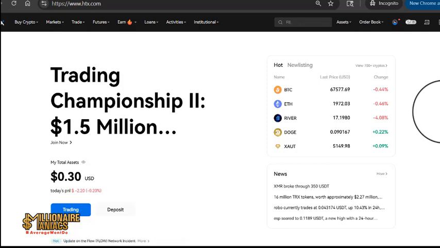Okay. Now, my recommendation as far as using HTX, if you're going to use HTX and you do not want to leave a paper trail, you need to read between the lines here of what I'm saying.